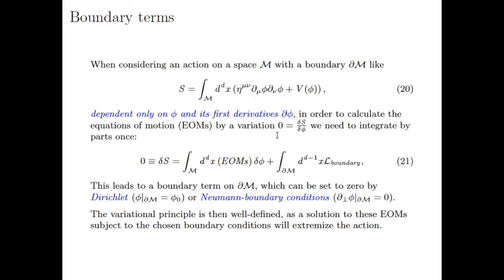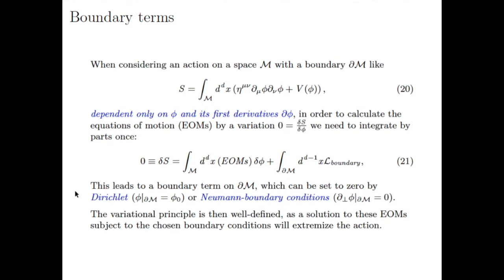And for the scalar field, you can show that this term vanishes automatically if you assume plausible boundary conditions, like that phi, the value of phi at the boundary, is fixed to a constant, or the derivative of phi perpendicular to the boundary is supposed to vanish at the boundary. That's Dirichlet and Neumann boundary conditions.